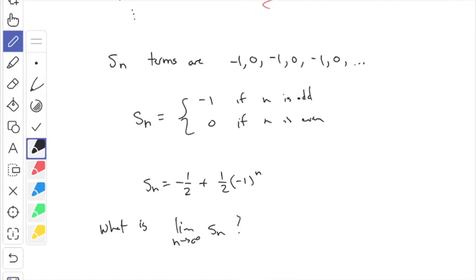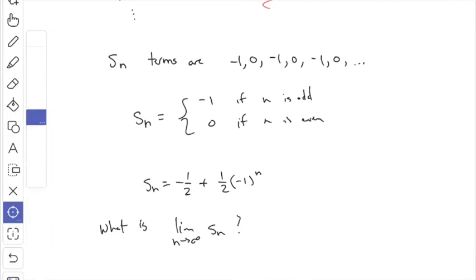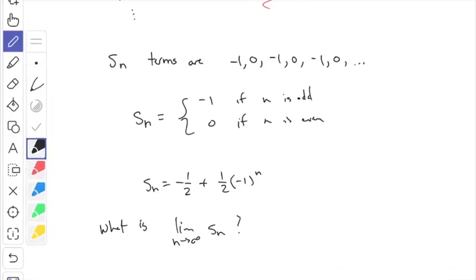Using the formulas is not so helpful. You can just look at this sequence here and ask yourself, does this sequence actually approach any particular value? And the answer is no. It just bounces back between two different values, right? It's -1 and then it's 0, and then it's -1 and then it's 0. So this limit does not exist. It's not even necessary to write a formula.